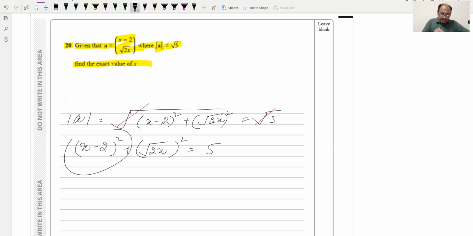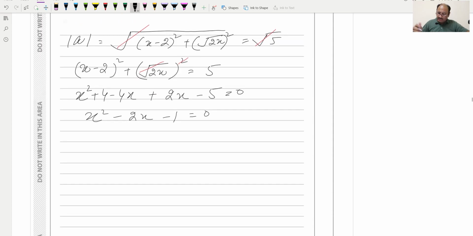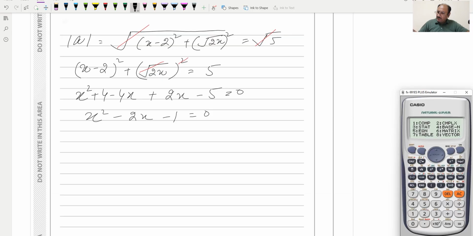Now we can open this square, and this will give us x square plus 4 minus 4x, and the square and square root will be cancelled, and we will get plus 2x is equal to 5, or we can write minus 5 is equal to 0. Now we can rewrite, adding the like terms: x square minus 2x minus 1 is equal to 0. This will be our quadratic equation which we can solve, basically using the quadratic formula.